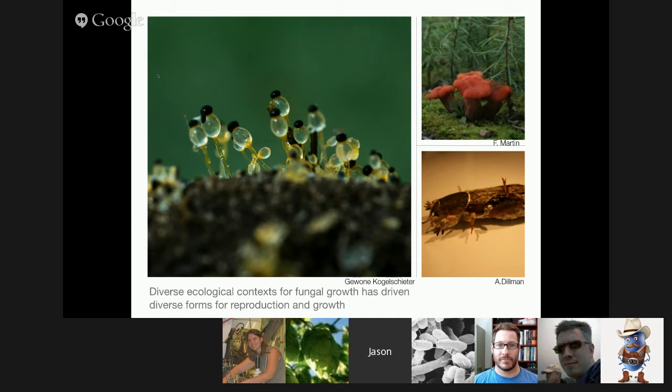So there's a whole interesting aspect of their biology, and so these are interesting to me as there's lots of different ways that these organisms have evolved to spread their spores.